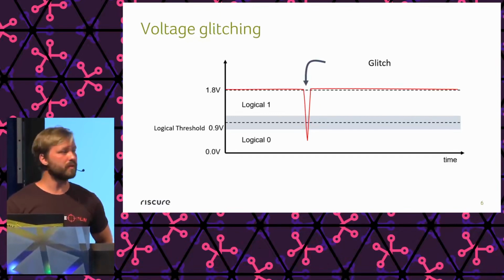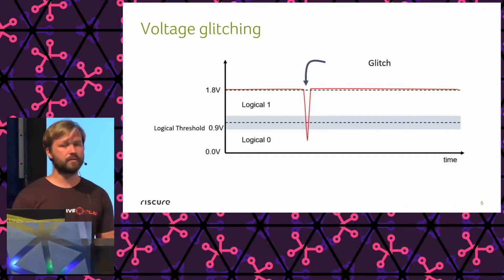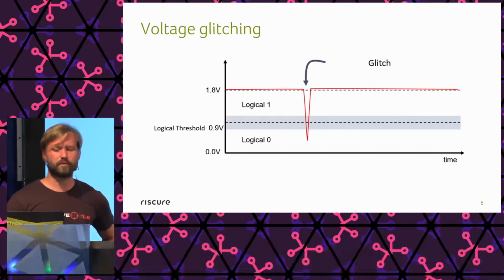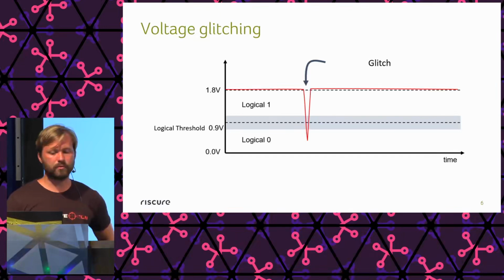So what happens if the attacker changes the voltage provided to this chip for a split second? If it happens for too long, the device likely resets, so you just disconnect and power cycle the device. But if you do it for a very short moment, you might affect the behavior of the chip.